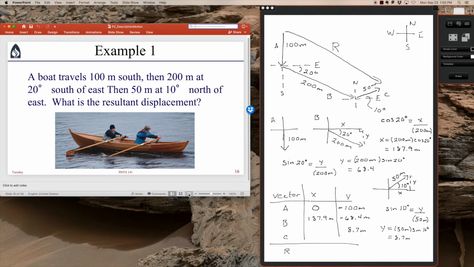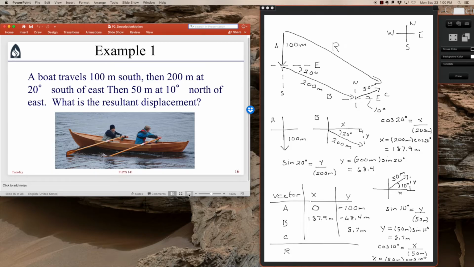And then if I consider the cosine of my 10-degree angle, the cosine of 10 degrees would be adjacent, which is the x component, divided by the hypotenuse of 50 meters. So then the x component would be 50 times the cosine of 10 degrees.